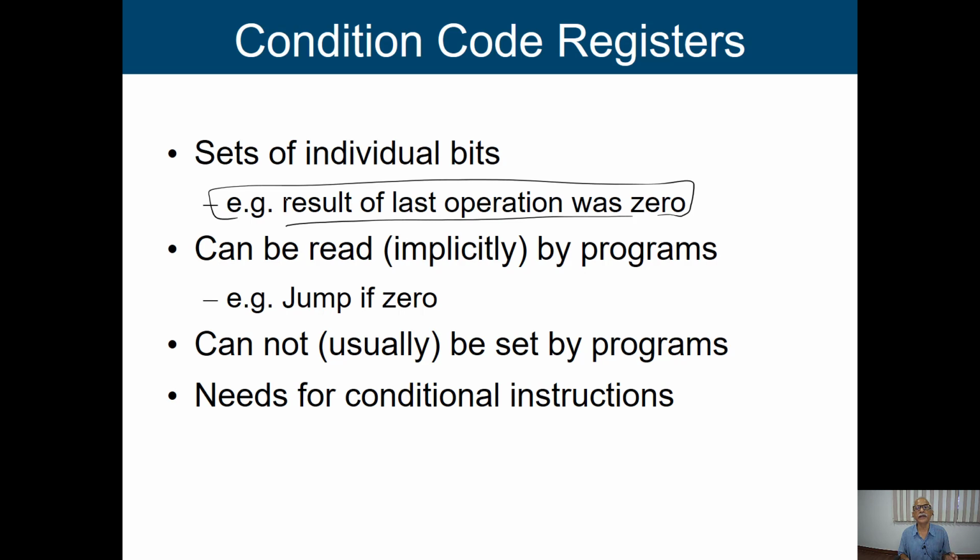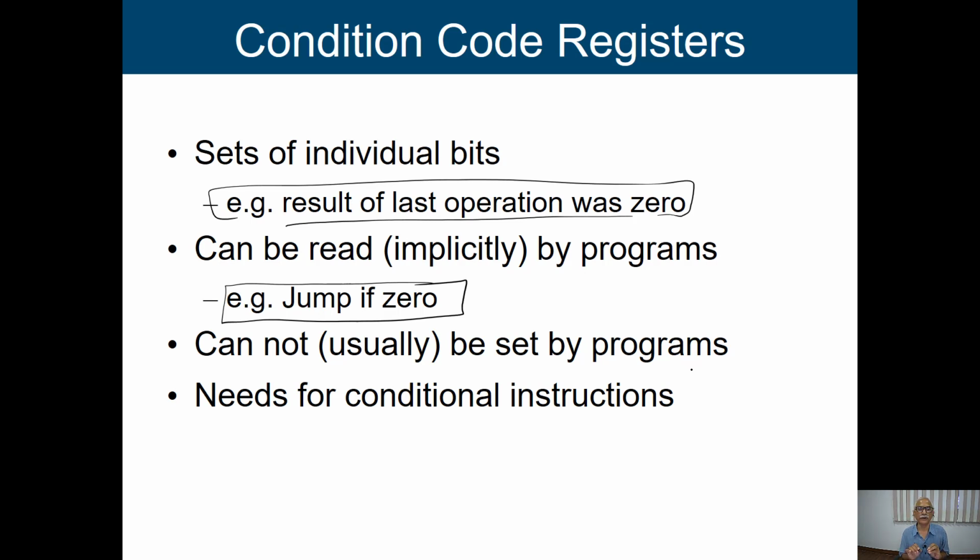Now, it can be read implicitly by programs. We will see when we read it, for example, jump if 0. But generally those bits cannot usually be set by the program.